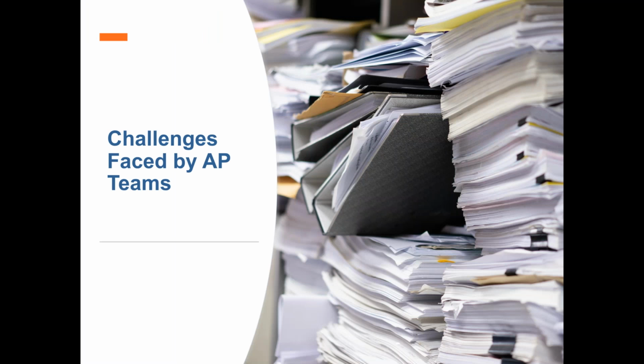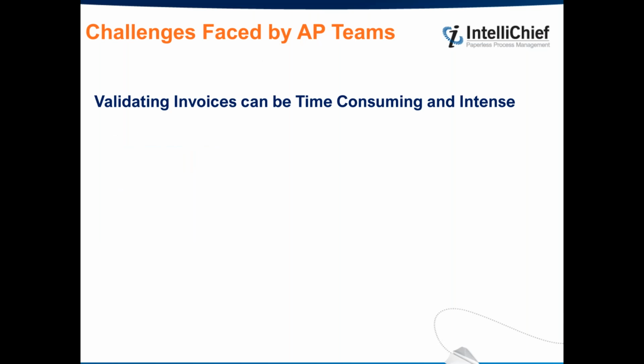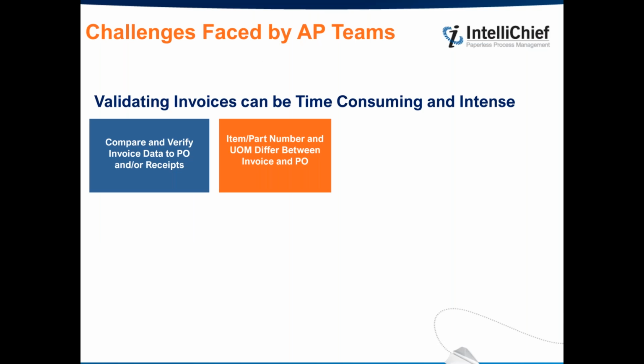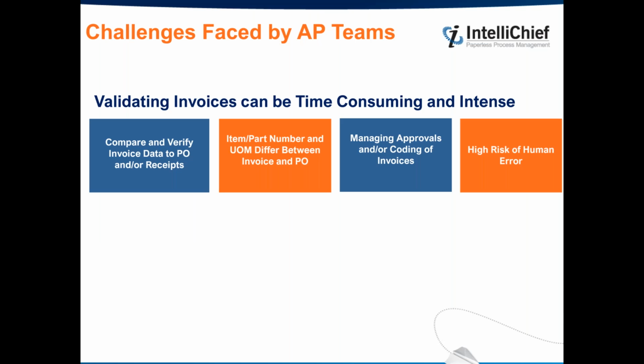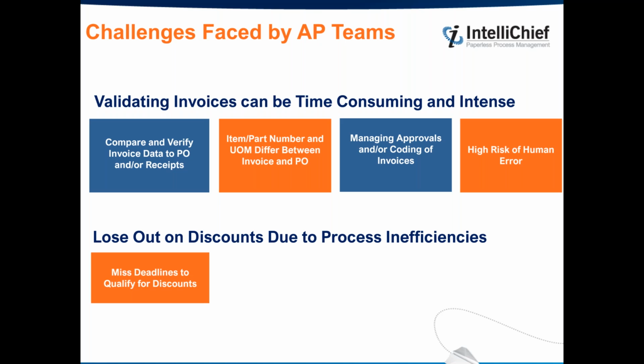All right, let's talk about the AP side and dig into some of the specifics with respect to accounts payable and really why we're all here. So, validating invoices, and this has become more prevalent recently with respect to a couple of versions of Infor ERP systems where matching has changed a little bit. So when people come to us, usually these are the things they're trying to fix, right?